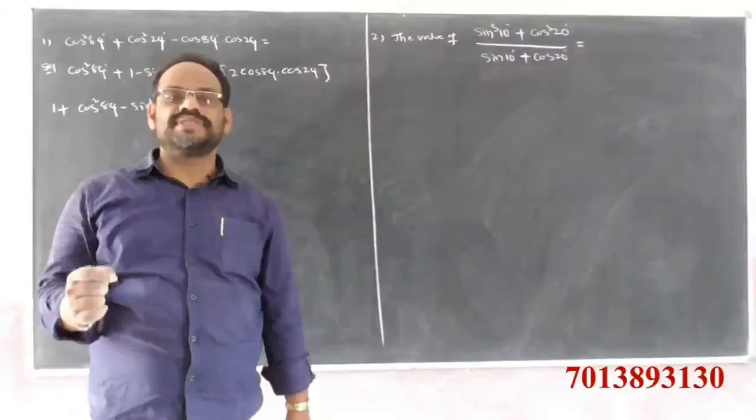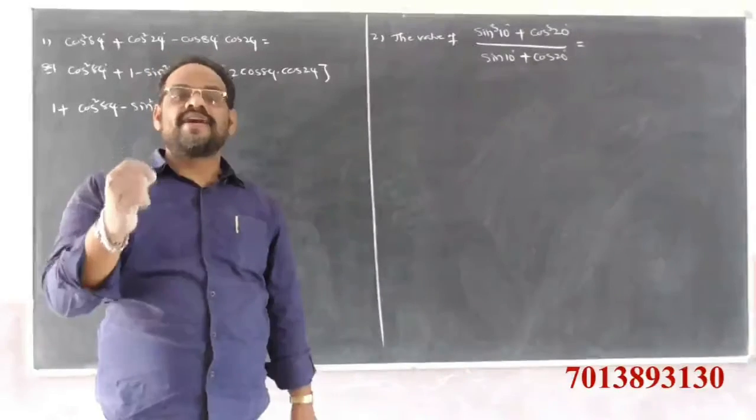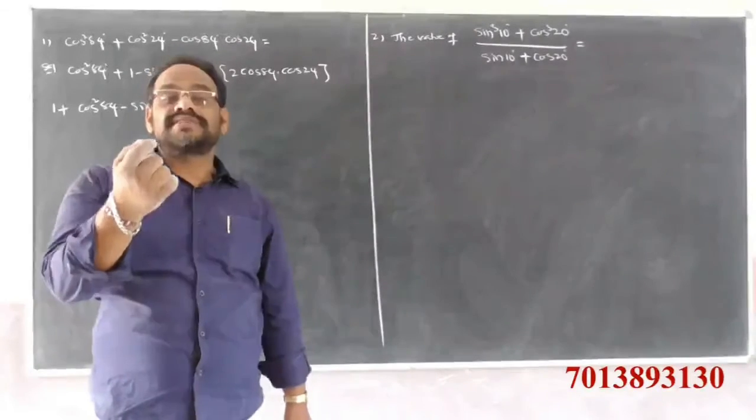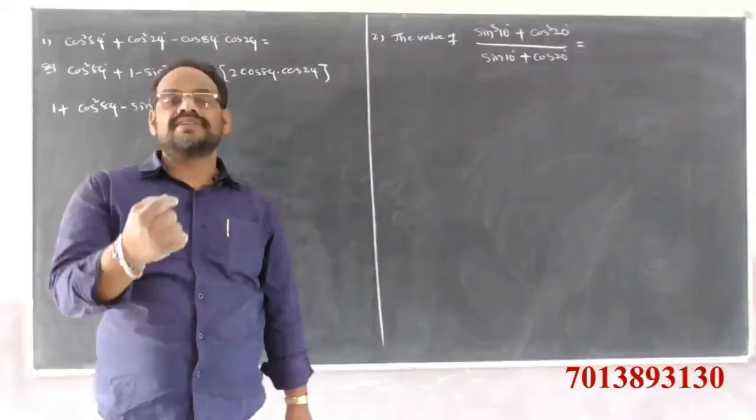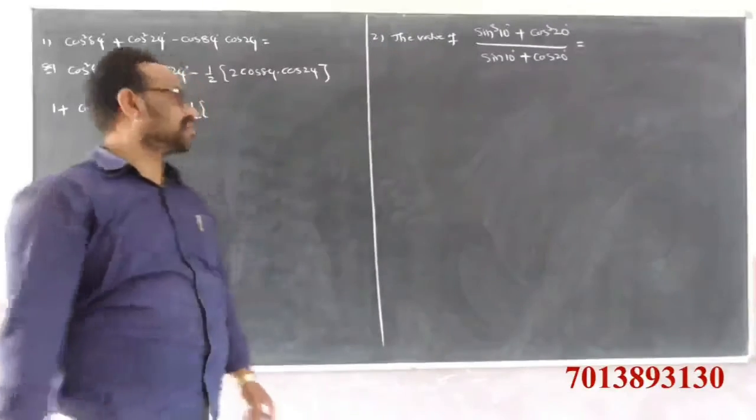2 cos A cos B is nothing but cos sum plus cos difference, that is cos(84 plus 24) plus cos(84 minus 24).